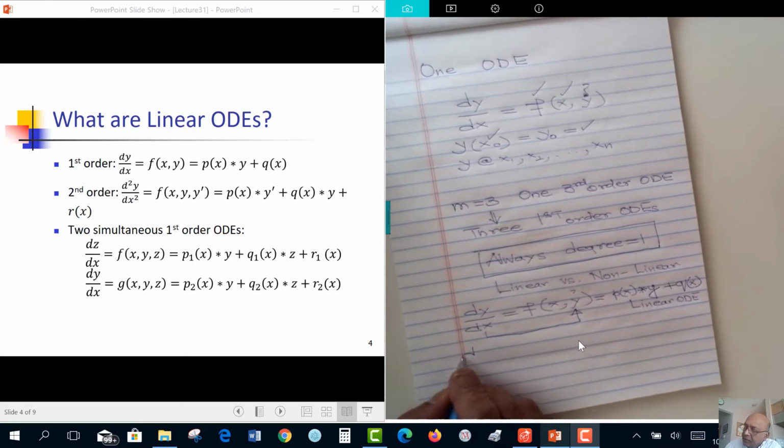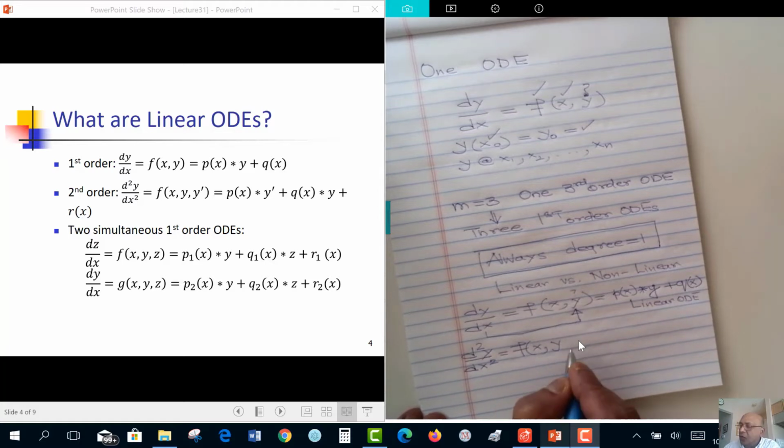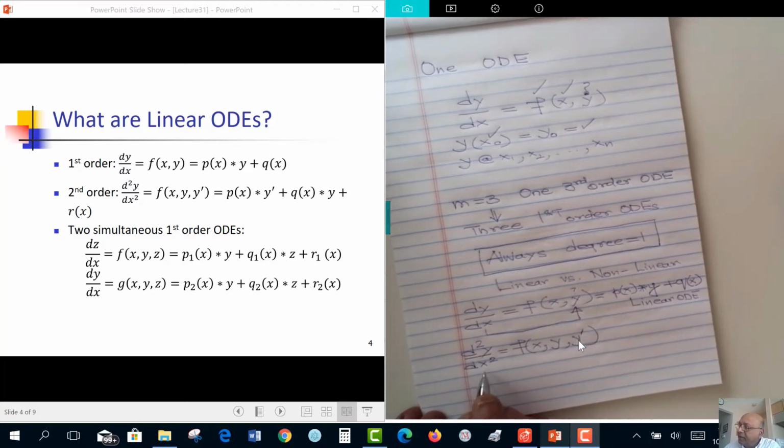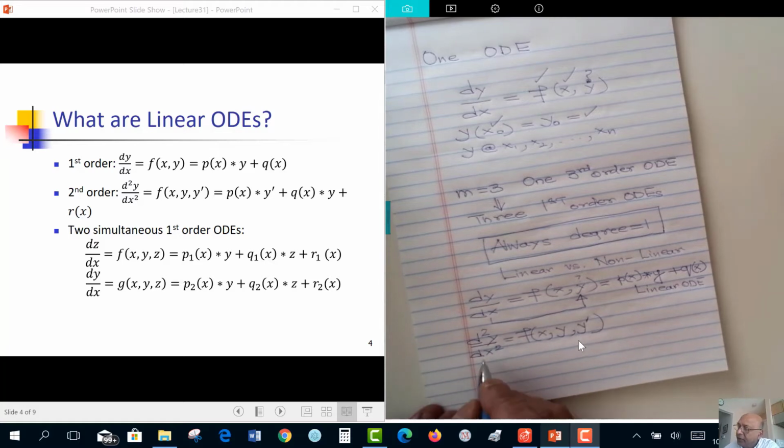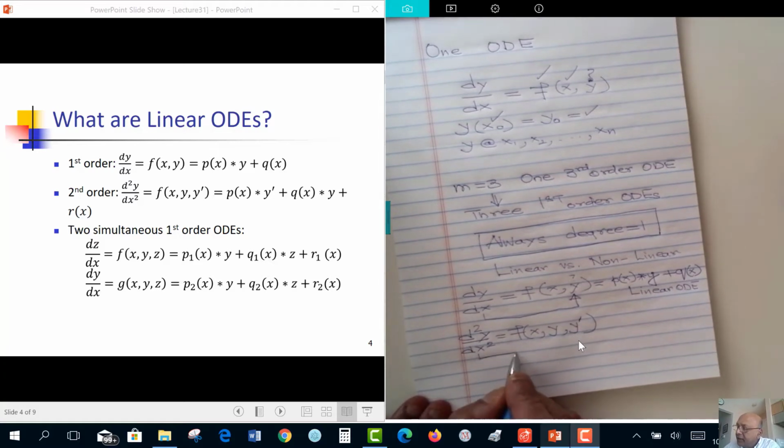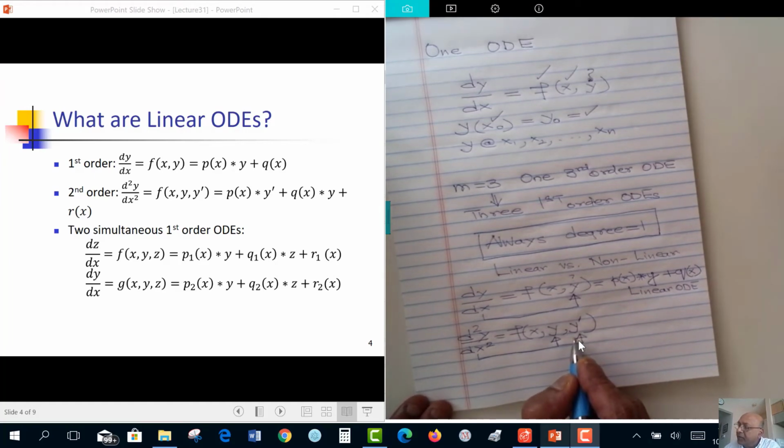Let's take another example. When we write a second order differential equation, we put everything on the other side, which can involve x, can involve y, can involve dy dx, which we'll write as y prime. Now, this is second order. So if this was linear, then the second order derivative would be linear in y and linear in y prime.